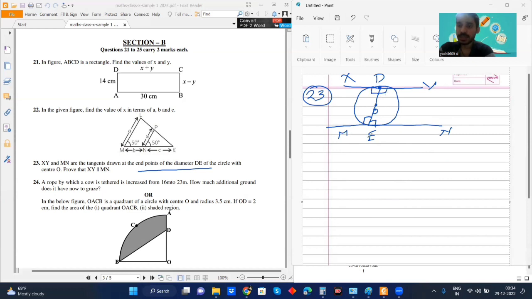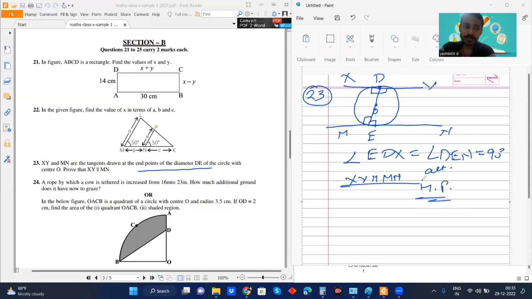We can consider any two angles as alternate interior angles. So I can say that angle EDX is equal to angle DEN, which is 90, and they are alternate angles. So when alternate angles are equal, the lines are parallel to each other. Hence proved. Okay.